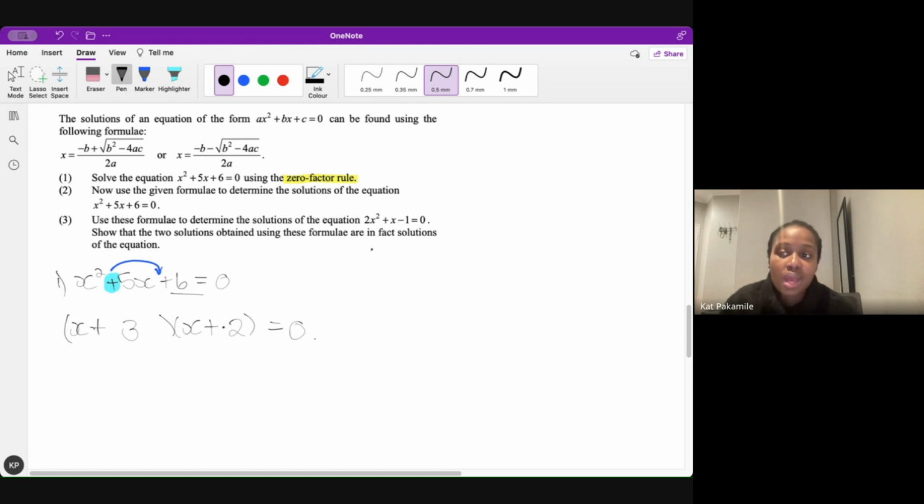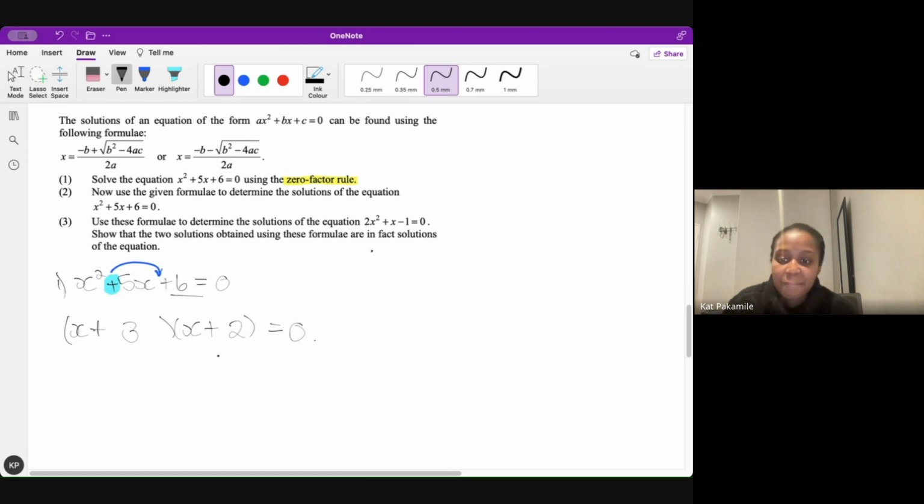What do we do when we have our two factors? We can then split them up. So that means either x plus 3 is equal to 0 or x plus 2 is equal to 0.